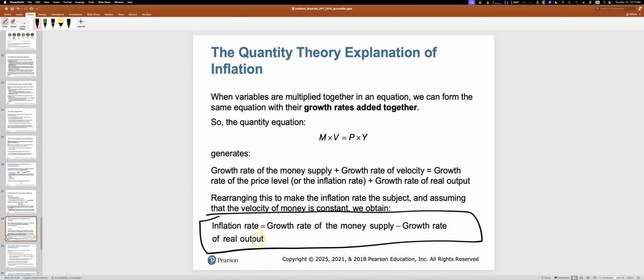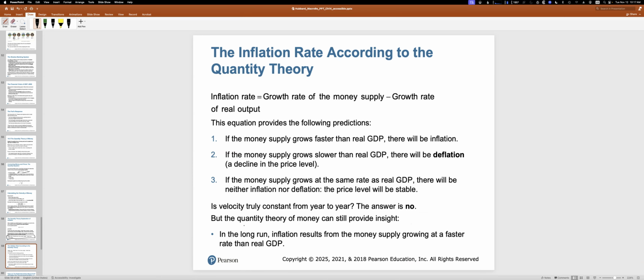So if the economy isn't growing a great deal, but the money supply is, then you would have a lot of inflation. And so that's where we get these kinds of key conclusions about where inflation comes from.